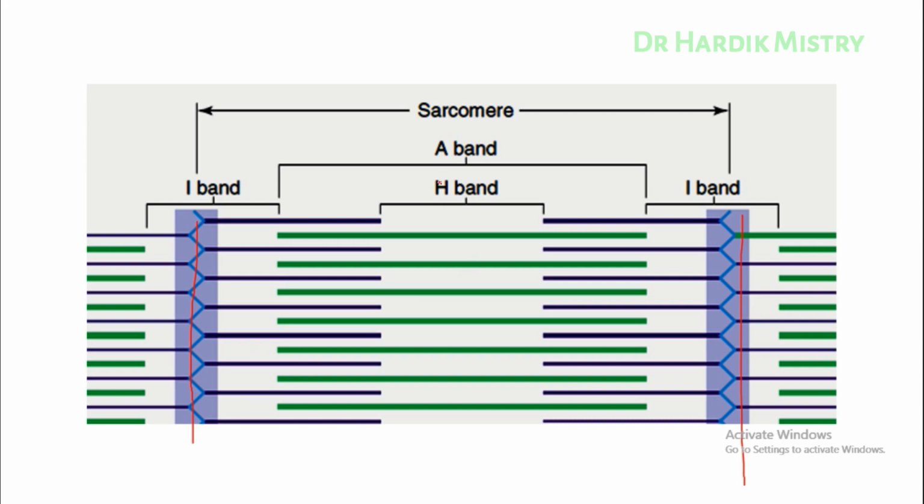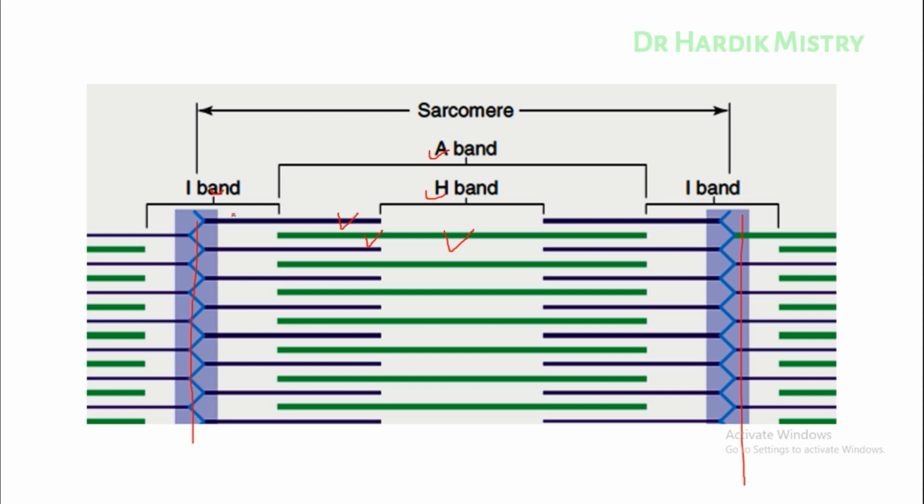Inside the structure of the sarcomere there is an H band or H zone, A band and I band. Inside the H band only thick filaments are there, and the thick filament is made up of myosin. The A band covers both actin and myosin filaments, in other words both thin and thick filaments.